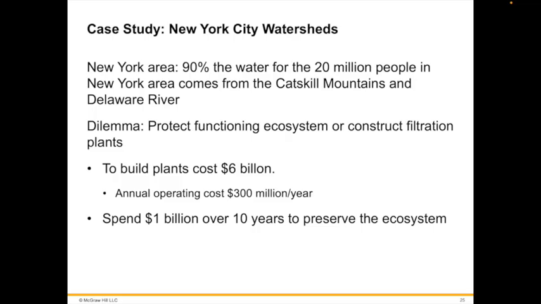So these examples provide some idea of the value of services that ecosystems provide. One example, probably the most famous example of the value of intact ecosystems, is provided by the watersheds of New York City. 90% of the water for the New York area's 20 million residents comes from the Catskill Mountains and nearby headwaters of the Delaware River.